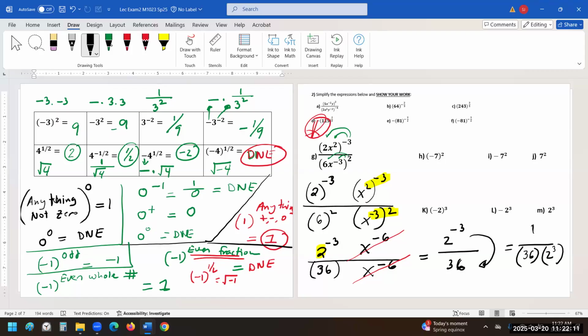So they gave me the answer as a whole number. But the answer is not a whole number, it's a fraction. So we get 1 over 36 times 8, and that gives you 1 over 288. So if you made a mistake, you wrote the answer only as 288. So you lost points.